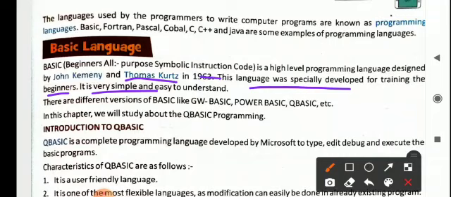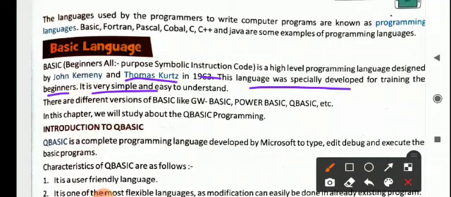These coded things were not easy for the user to understand or learn, so for the convenience of the user, high level languages were developed. High level language contains some English terms which are easy for the user to understand and write, and also easy to debug later on.